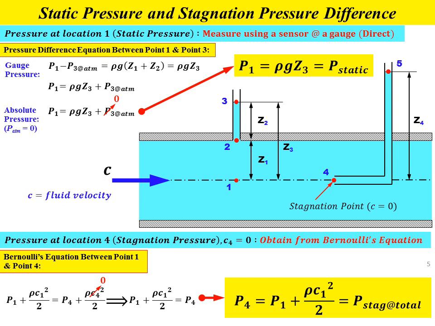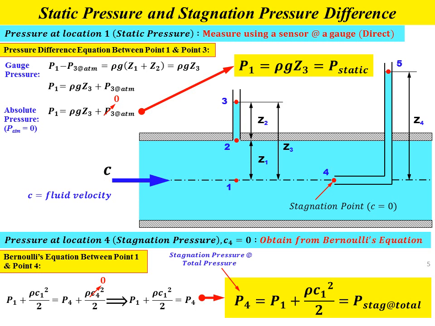So the final equation will get the equation for stagnation pressure of fluid, or total pressure of fluid, where P4 equal to P1 plus rho C1 square divided by 2 equal to the total pressure of the fluid at the center line of the pipeline.